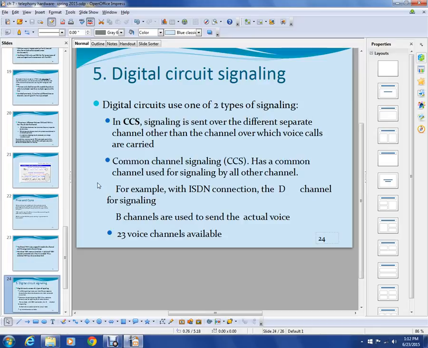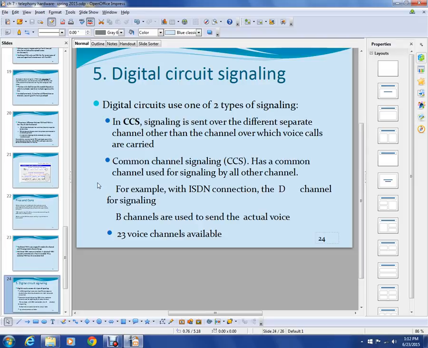Okay, this is the last part of this chapter, digital circuit signaling. There are two types of digital circuit signaling. The first one is CCS, common channel signaling. It's signaling that is sent over a separate channel other than the channel over which voice calls are carried.